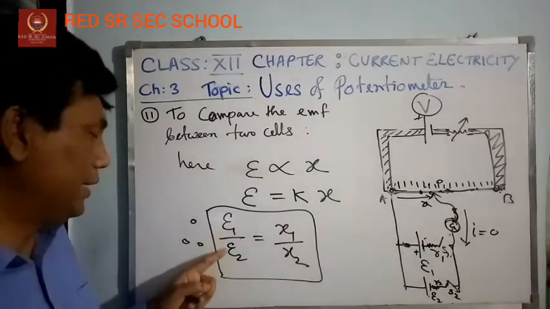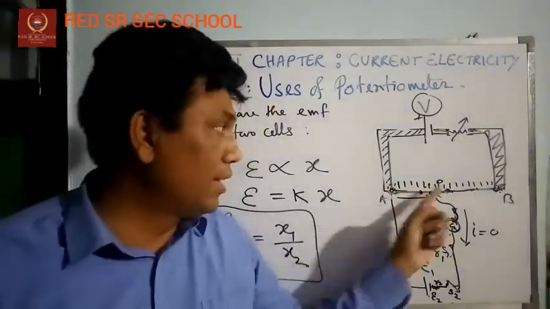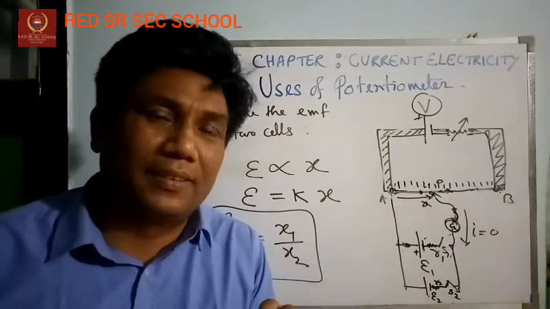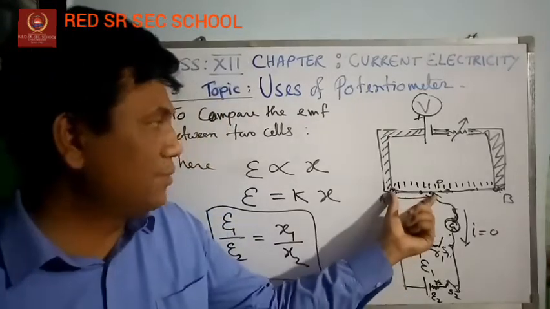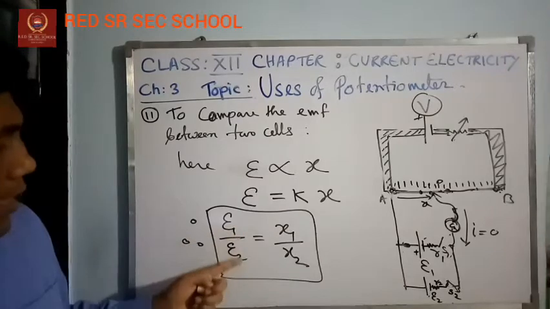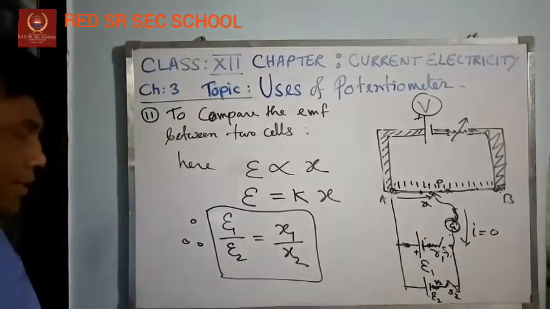Say you know E1, E2 can be calculated, because X1 and X2 will be easily visible on the potentiometer bridge, since you find the balancing length by your experimentation. If any one is known, the other can easily be calculated. Are you getting my point?